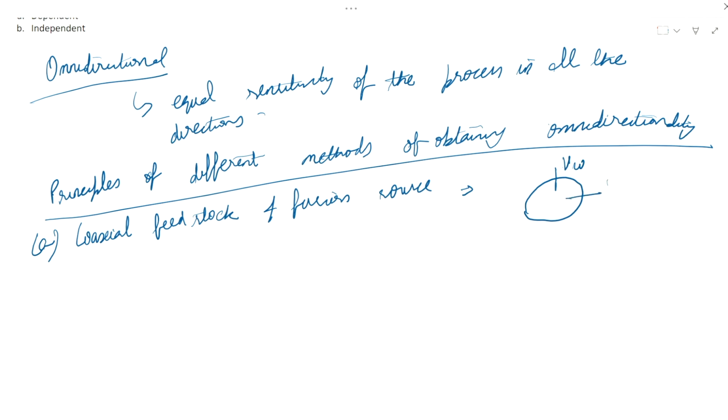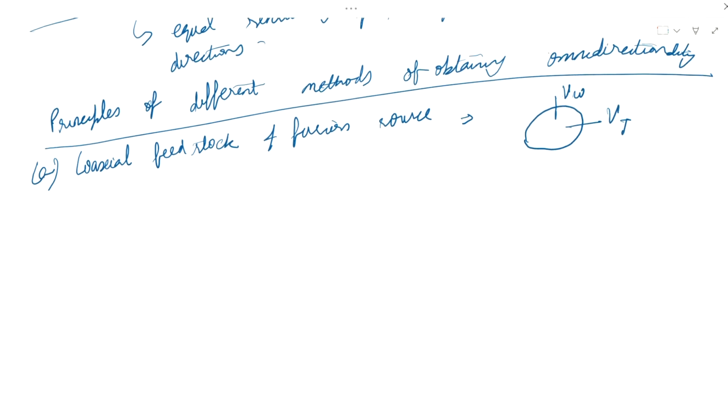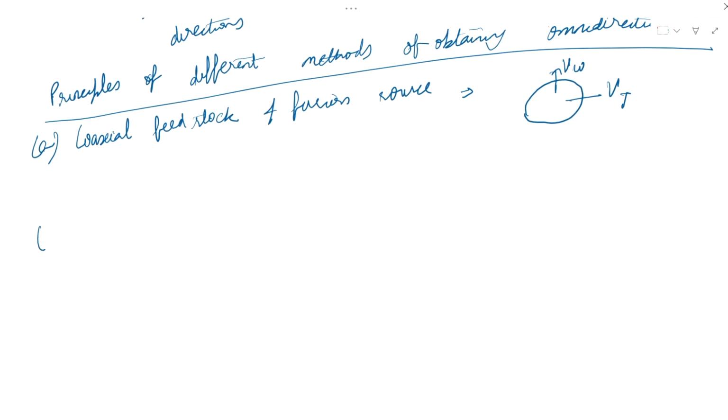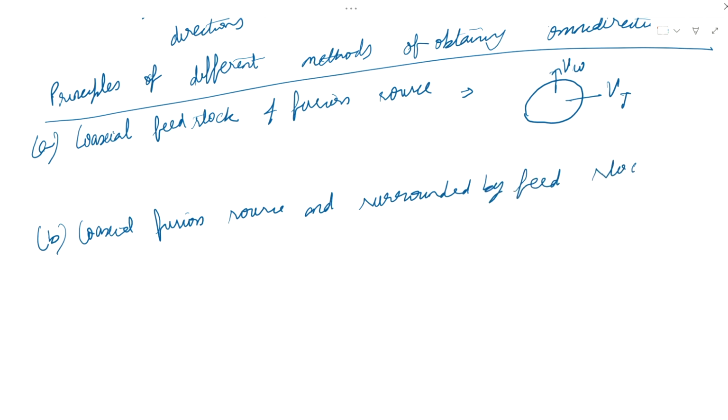I'll just draw and later come and explain. Now next is coaxial fusion source and surrounded by feedstock. This is the fusion source. This is the feedstock.